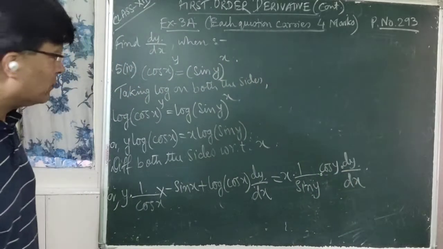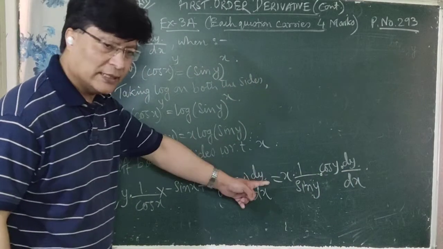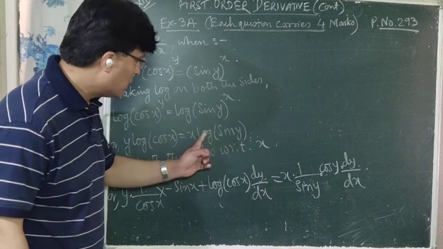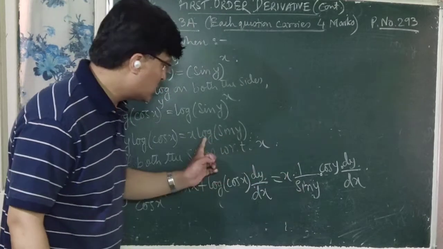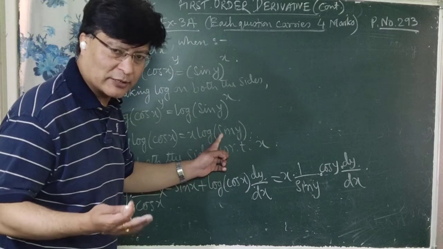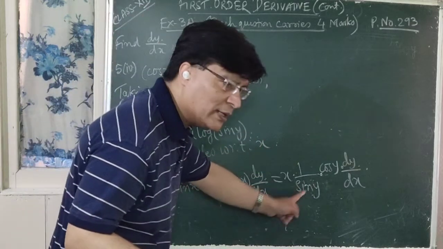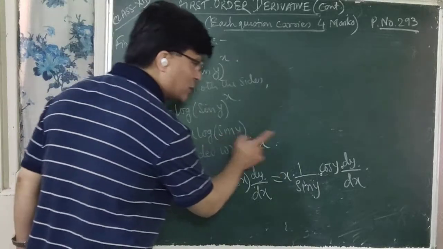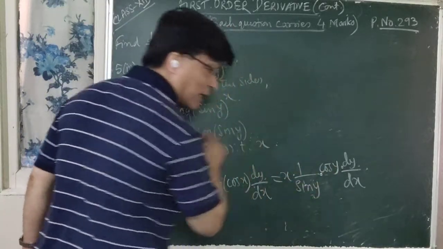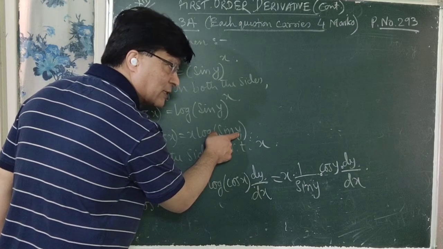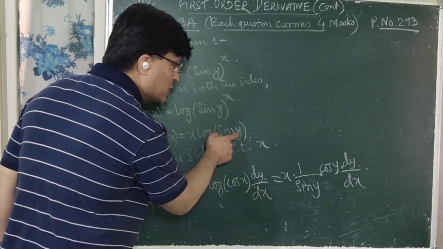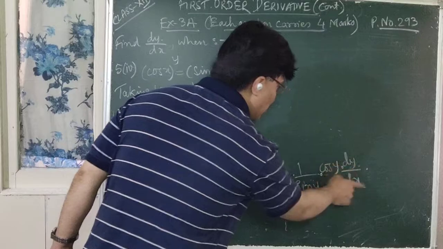Is it understood now? So here x is kept as it is. Log of sin y, differentiation is, first of all, 1 by sin y because it is in the form log x, and the differentiation of log x is 1 upon x. So it is 1 upon sin y into, again differentiate sin y with respect to x. First of all it is cos y. Again, you have to differentiate the term which is assumed as x, that is, y should be differentiated with respect to x, that is dy by dx.